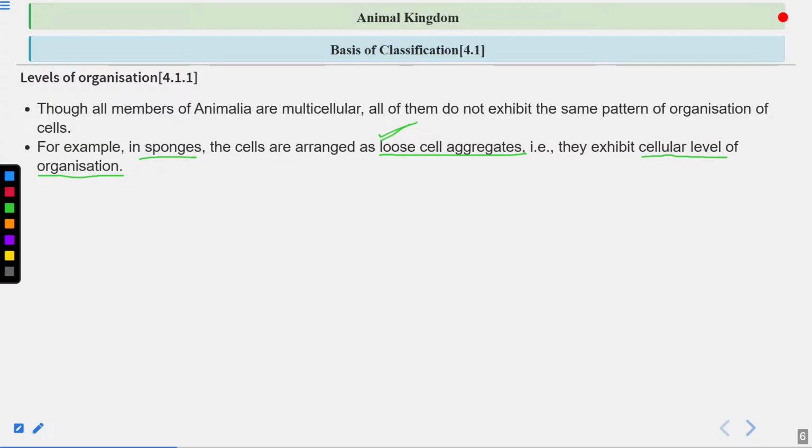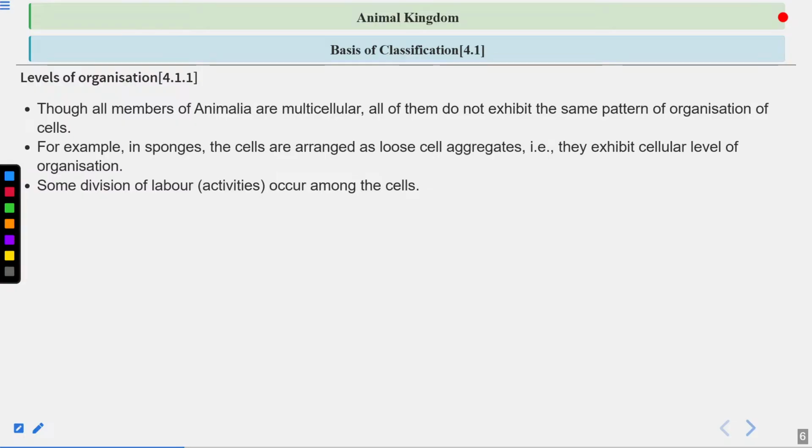But the important thing here in the case of sponges is that they are multicellular, but still they have the cellular level of organization. Why so? Because here tissue formation has not taken place, right? That is why it shows the cellular level of organization.